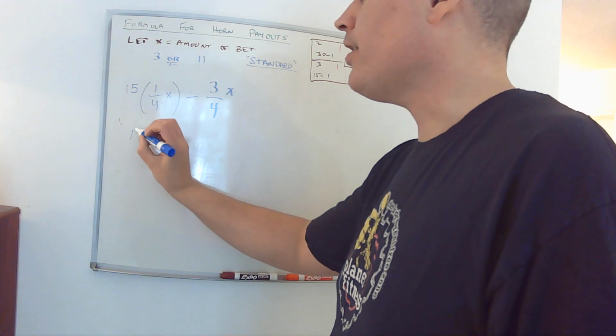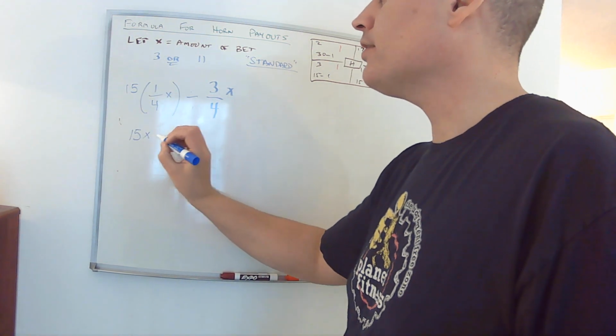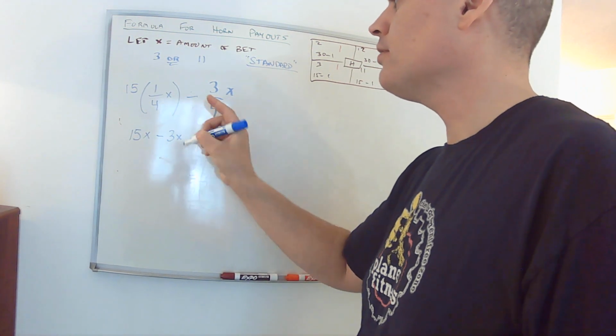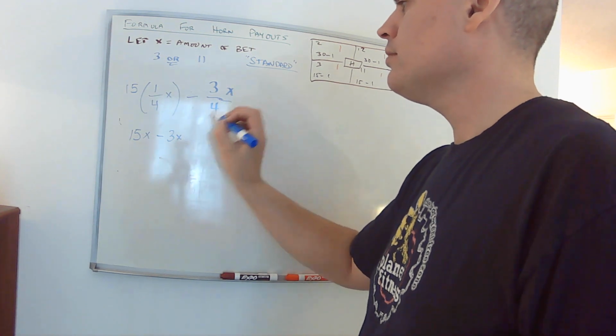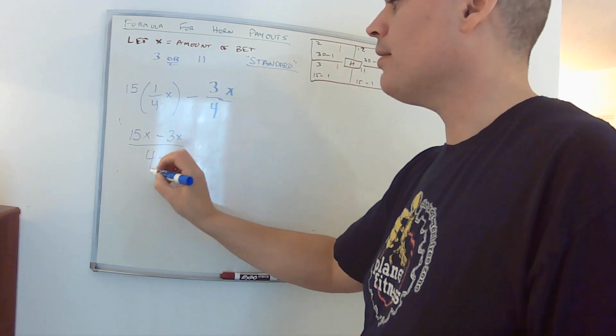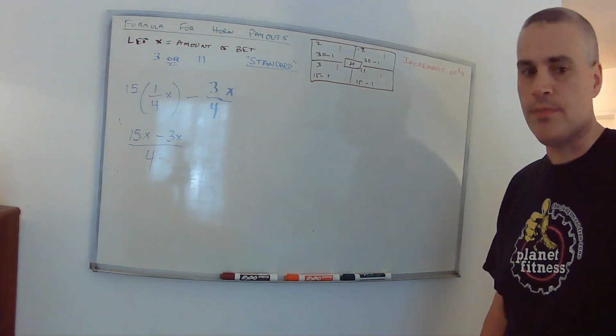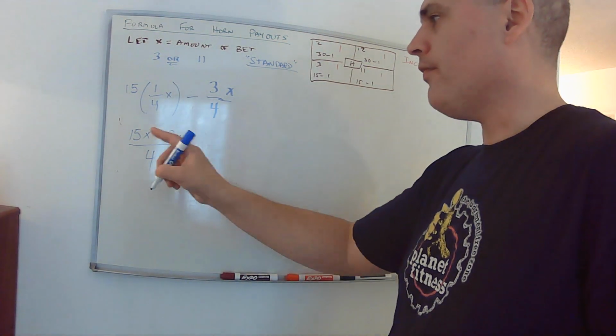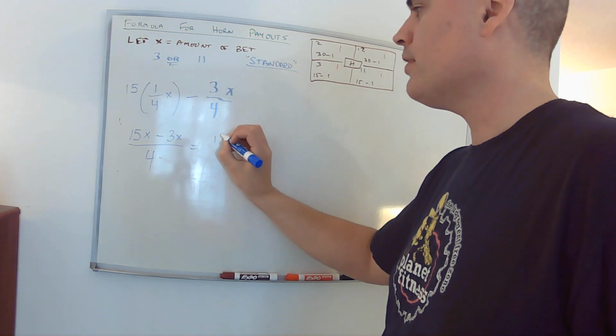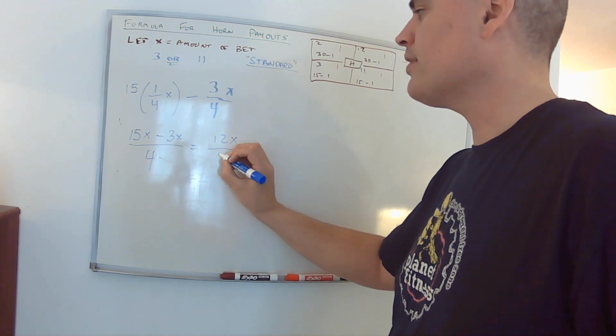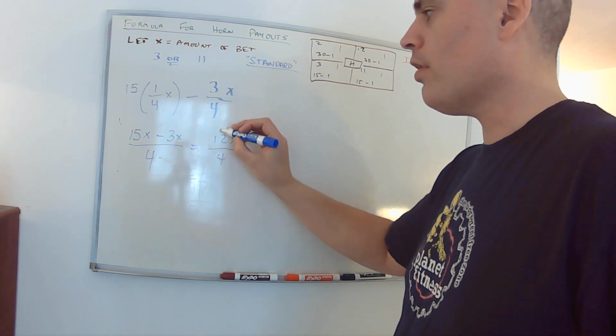So what do I have? I have 15x minus 3x over the common denominator 4. Simple. 15 minus 3 is 12. So this works out excellently. The 12 and the 4 are common.